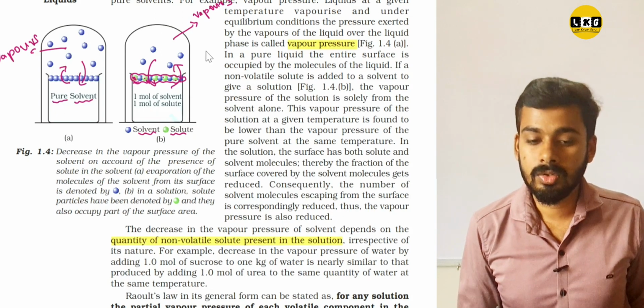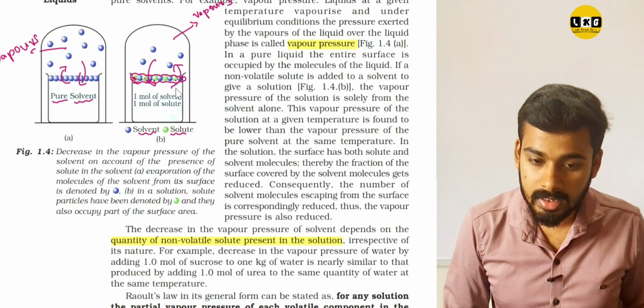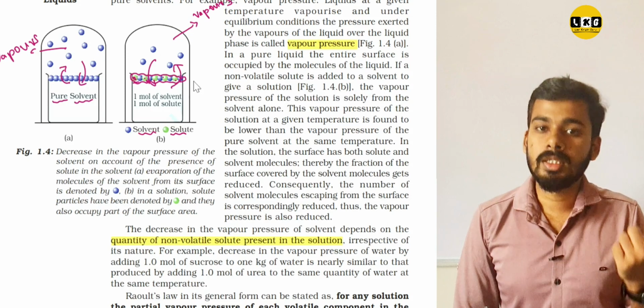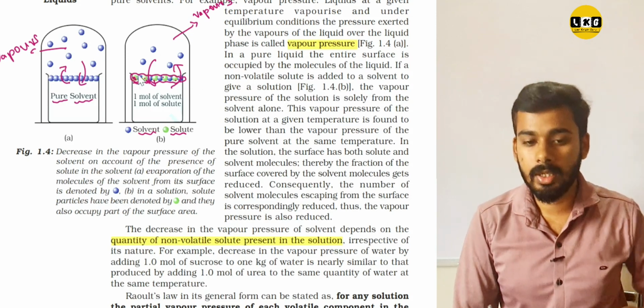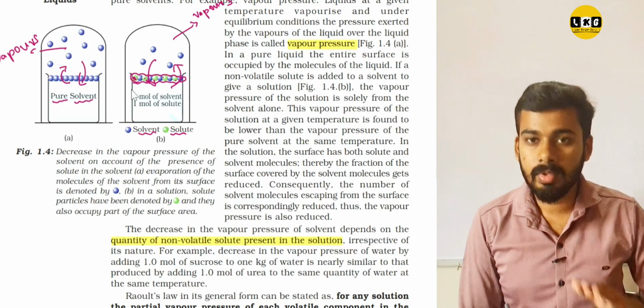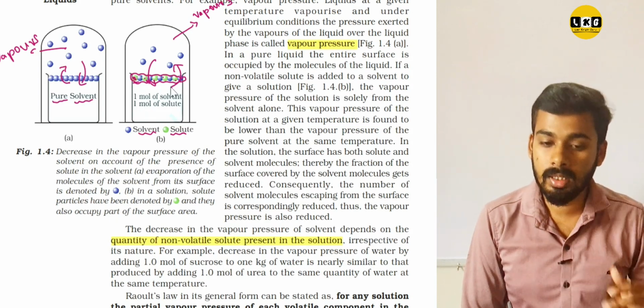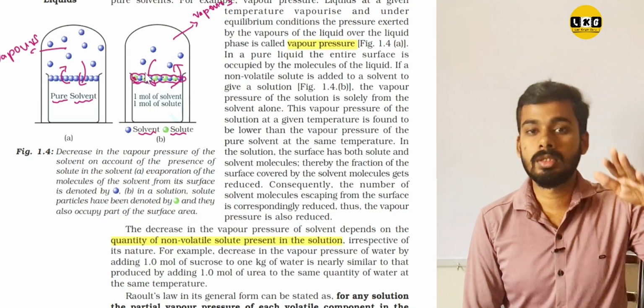You are adding solid solute here, so that our surface gets accumulated with the solute particles and the number of vapors gets reduced, so vapor pressure is also reduced. If you add more and more solute, the liquid molecules at the surface are replaced by solid particles, so that the number of solvent molecules going into vapor is reduced still more.